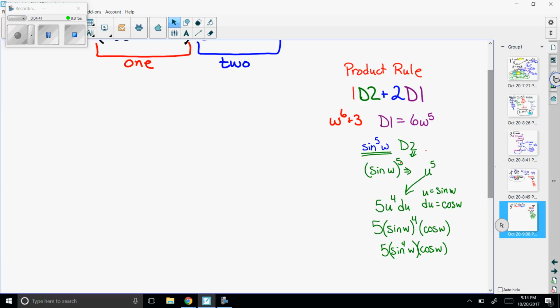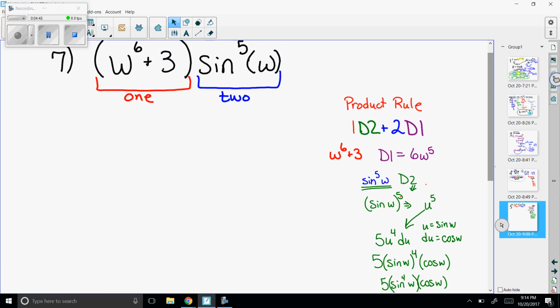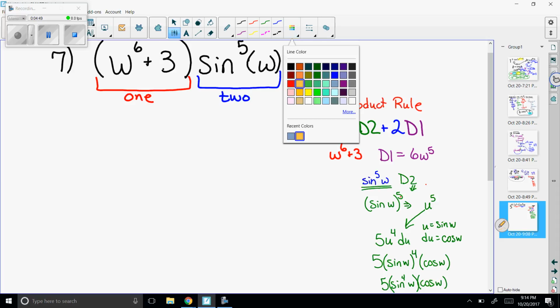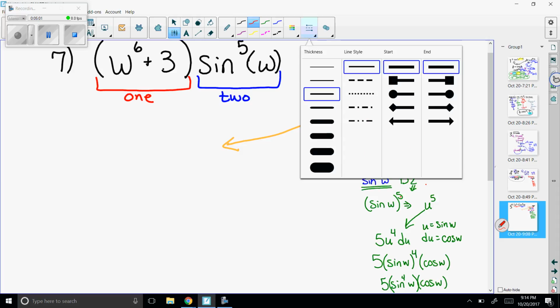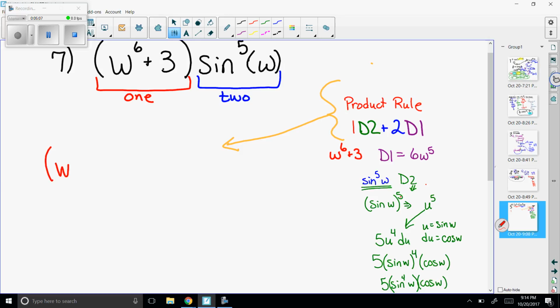Right, now I want to go ahead and do the product rule and take the derivative of my original problem. So we're going to do that 1d2 plus 2d1. 1 happens to be w to the 6 plus 3.